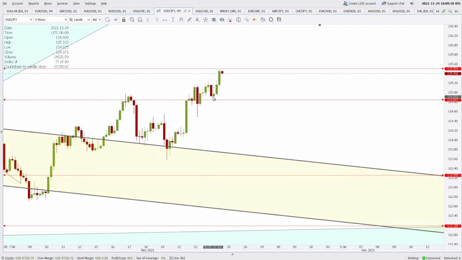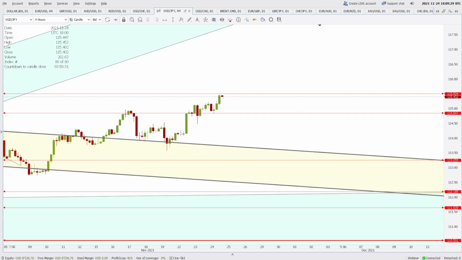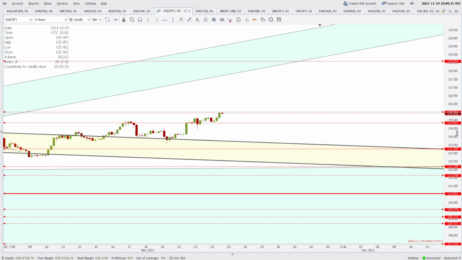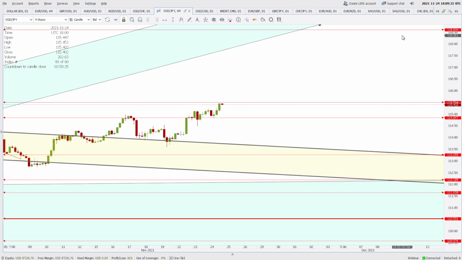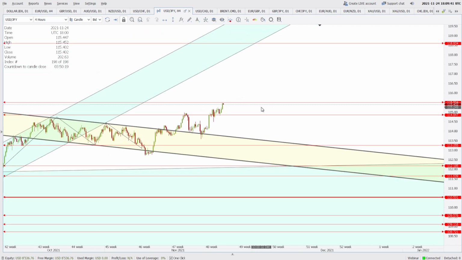After it was tested as a support, the price is moving bullish, and 115.50 is the resistance zone. Any close above this will open the way higher. Although I have not marked much, 118.60 is the next important key level, so a break above 115.50 will open the way for 118.60 in this market.